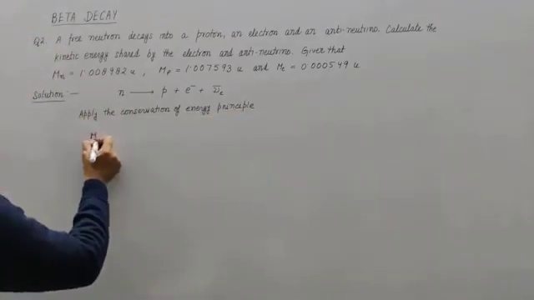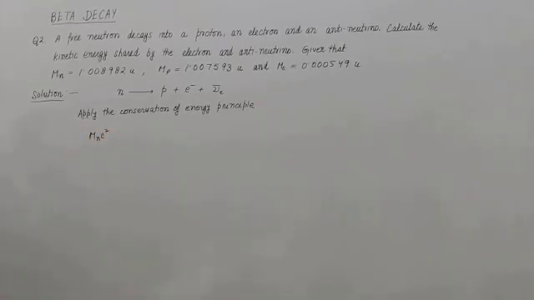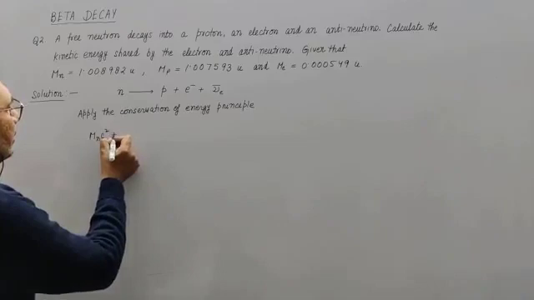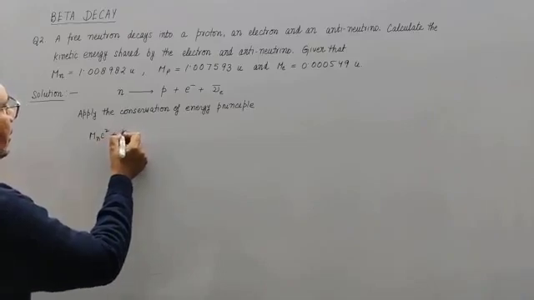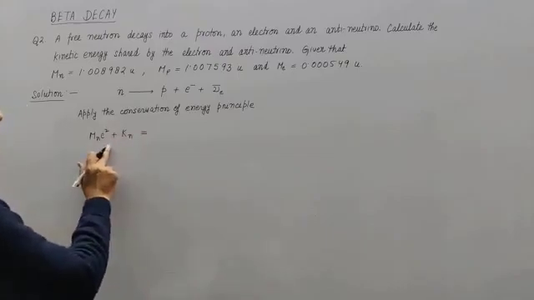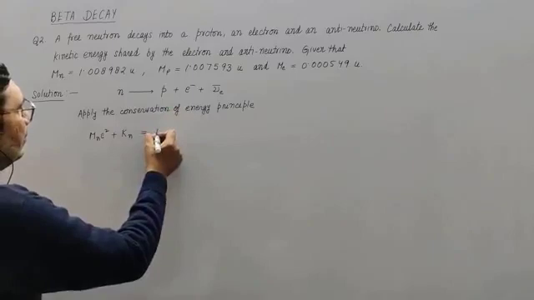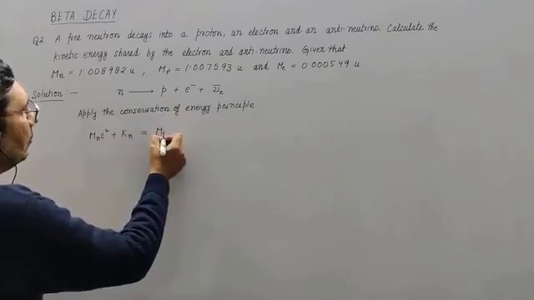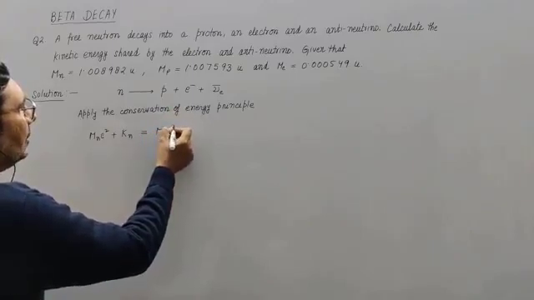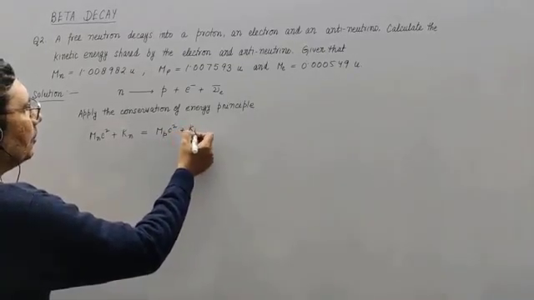It will be the rest mass energy of this neutron, mnc square, plus its kinetic energy Kn. On this side, this will be the rest mass energy of the proton, mpc square, plus the kinetic energy of this proton.